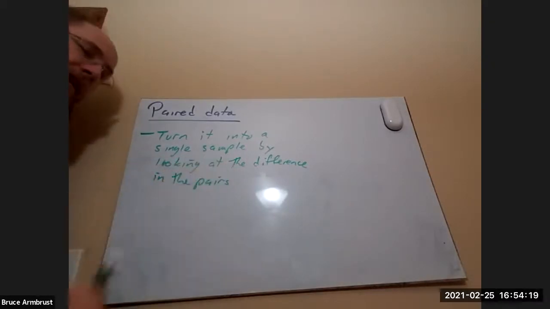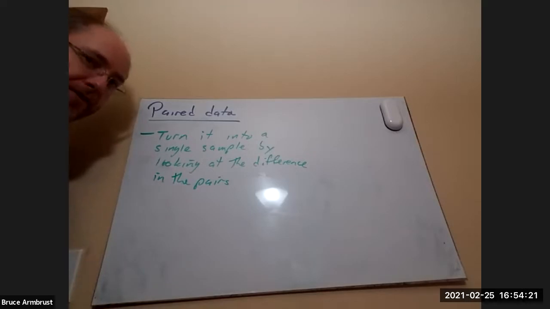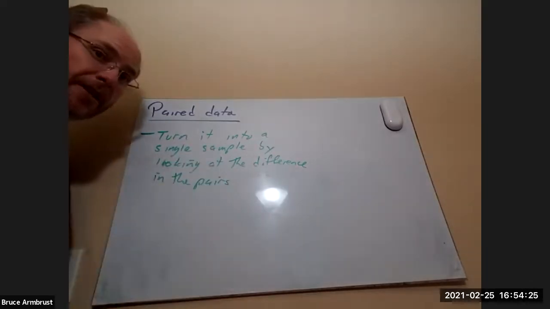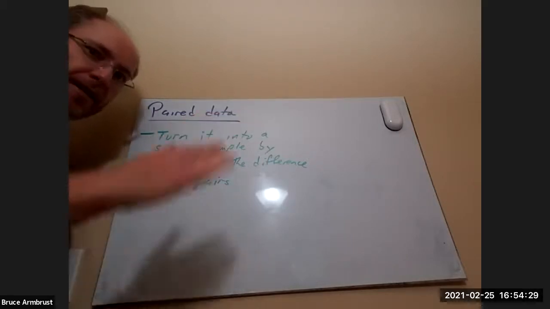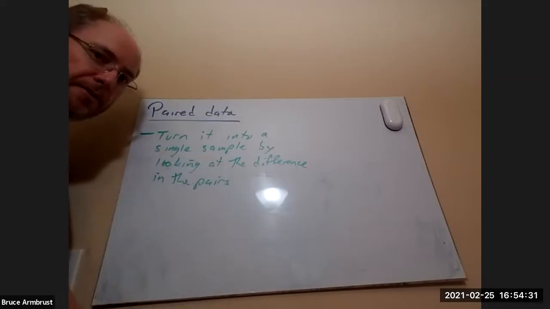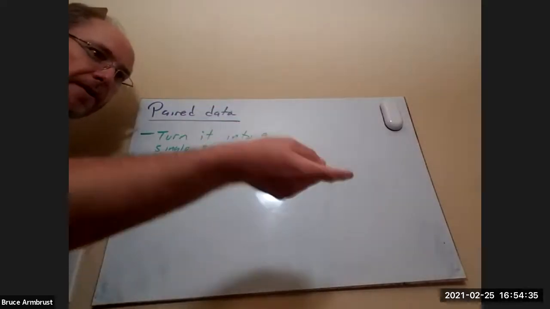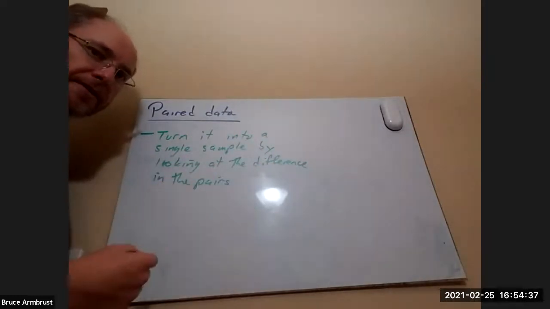So we're going to take those data pairs and actually look at the difference. So let's go to that first example of weight loss from an exercise program. So what I would do is I would go to every single person that is in our little group, right? So it's like, okay, Bruno, your weight before the exercise program, your weight after, what's the difference?